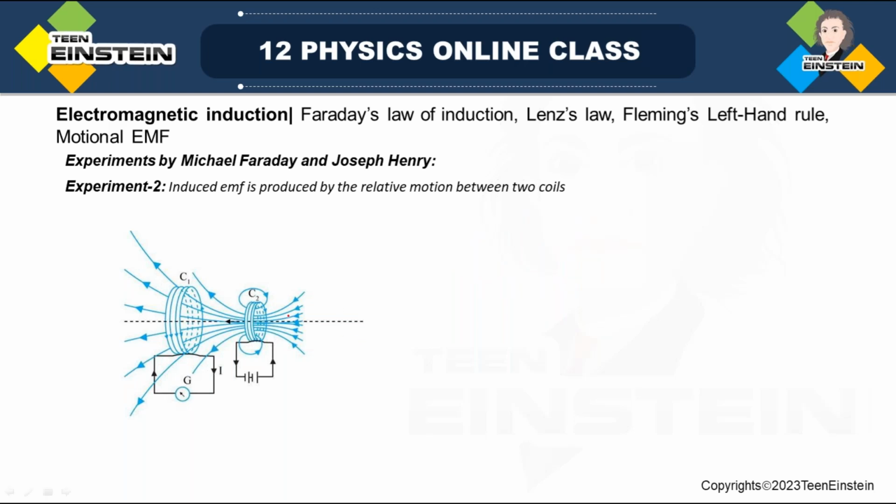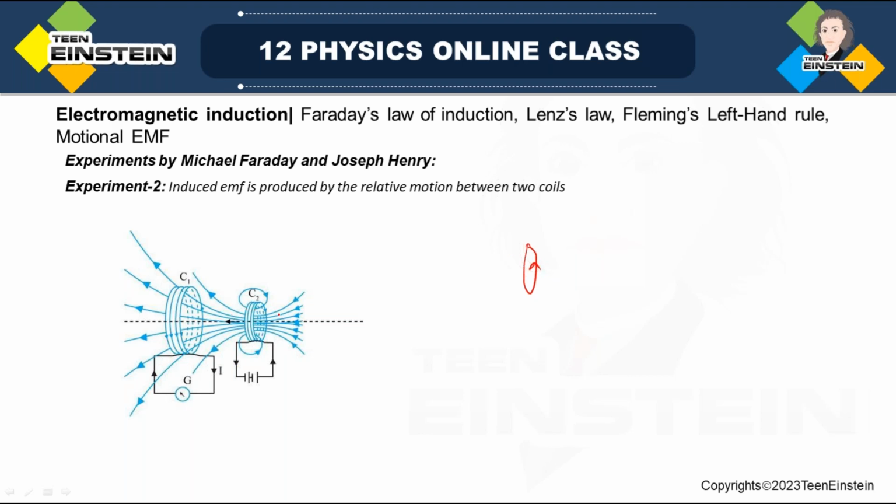So the bar magnet was replaced by coil C2, and here the coil C2 is sent current through this battery arrangement. A current carrying loop always produces a magnetic field around it.